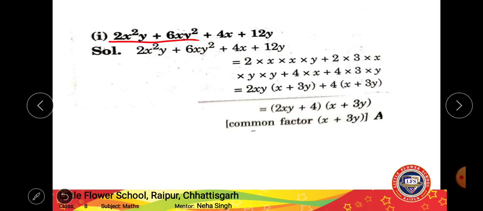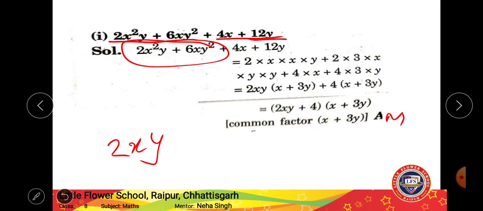Suppose like this, these 2 terms are grouped together and these 2 terms are grouped together. Okay, now I'll look at this term, what can I take common in them? See here, 2, right? x and y can be taken common.